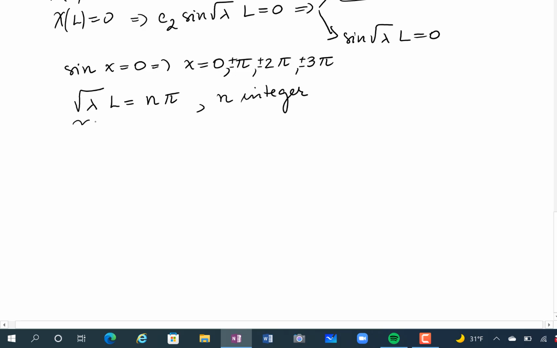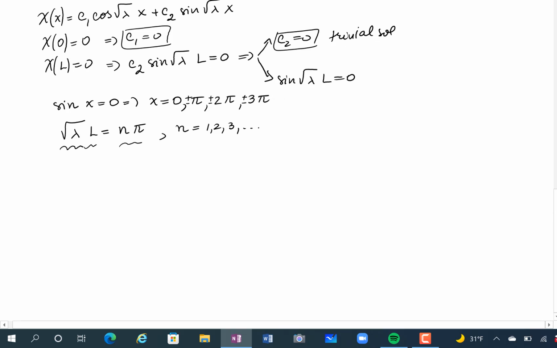Now, because the square root of lambda, when we calculate it, should give positive numbers on the left side, the right side should be positive as well. So this is why we're going to say n is equal to 1, 2, 3, and so on. We are not writing n equals 0 because that would mean lambda is 0, and we don't have lambda 0. Our case is lambda is greater than 0.